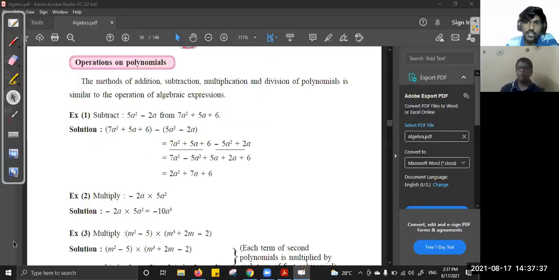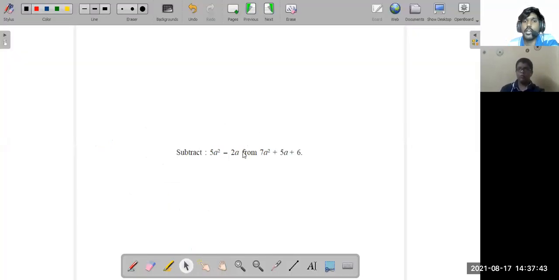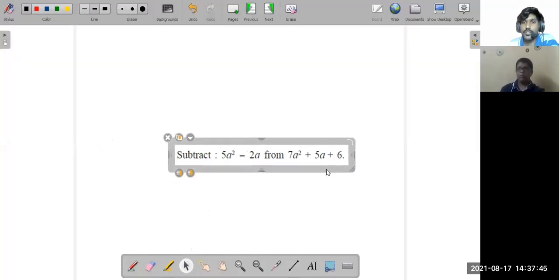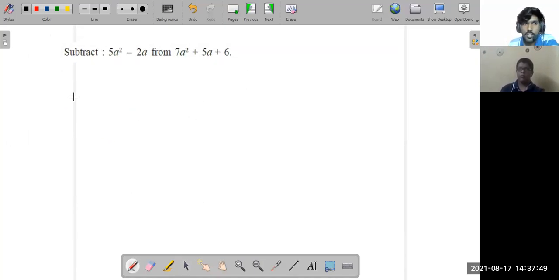Next we'll do subtraction. Now be careful with the subtraction. You have to subtract these two polynomials. So first is 5a square minus 2a, sorry, you have to subtract this polynomial from this polynomial.